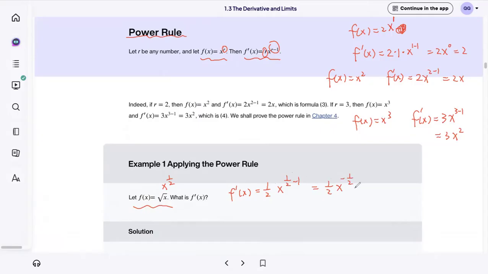Because half minus 1 is negative half. Then what does a negative exponent do? It means 1 divided by x raised to a positive half. Well, what's x raised to half? Square root of x, right? So the derivative is 1 over 2 times square root of x. So we just follow the power rule.